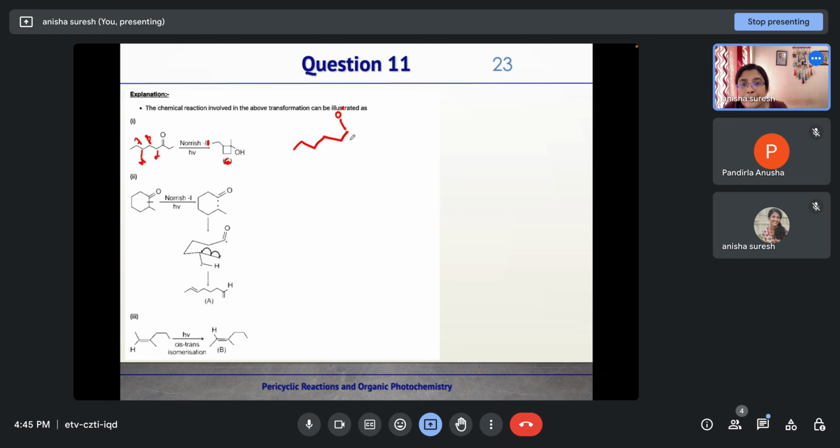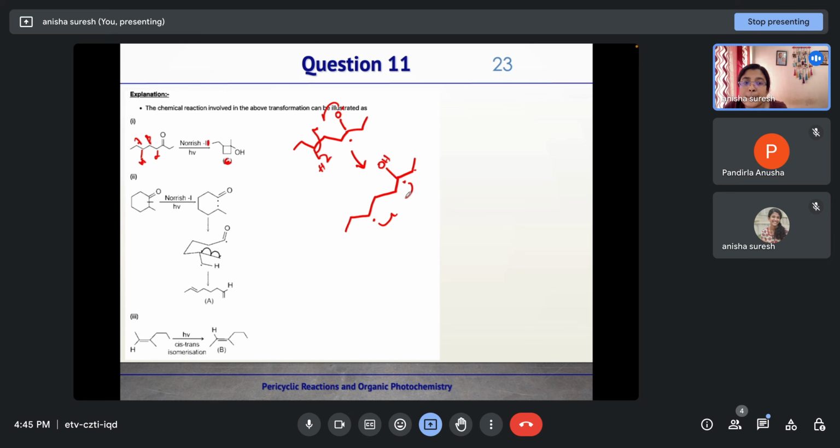O dot. So here it will be abstracting the gamma hydrogen, leading to the formation of OH dot.